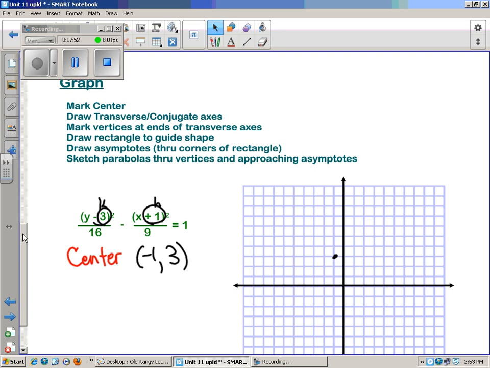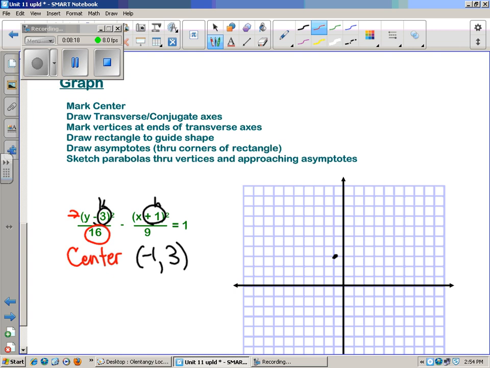It's always on the left-hand side, no matter if y is above it or x is above it. But once you look at a here, you have to notice if there's a y or an x above it, because if there's a y above it, then we're going to be counting up and down along the y-axis. If there were an x here, we would be counting left and right.